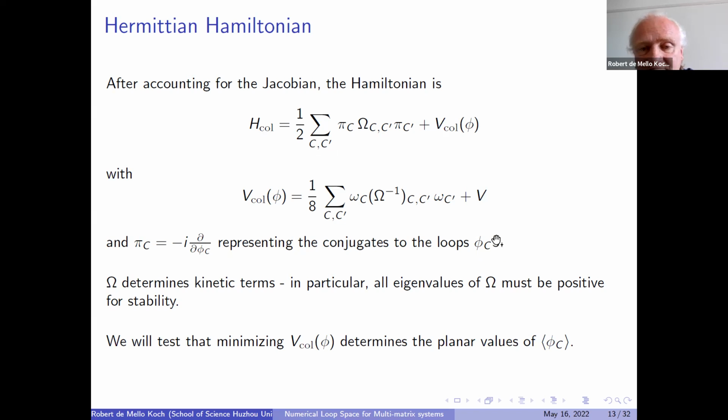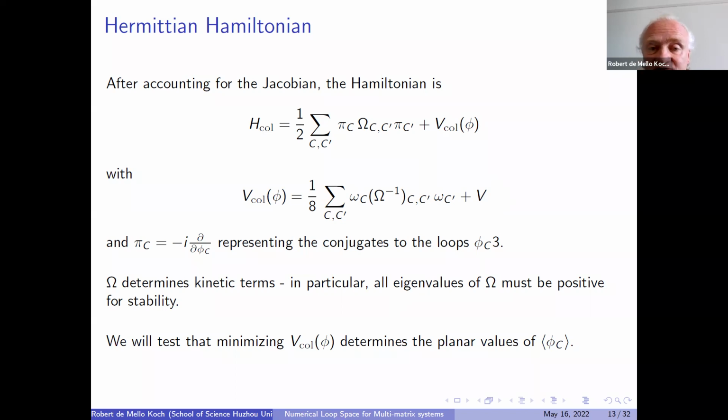That 3 is just a typo, so ignore it. The collective potential is 1/8. Then we have the loop splitting multiplied by the inverse of the loop joining matrix times the loop splitting plus V. So V is the original potential, and this extra omega, omega minus 1 omega term, this is what the Jacobian generated, and that's why we have an effective potential.